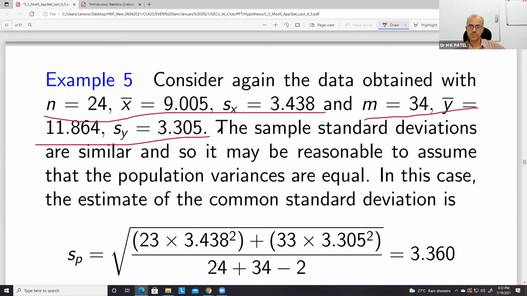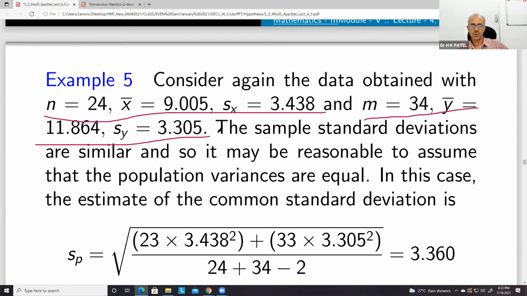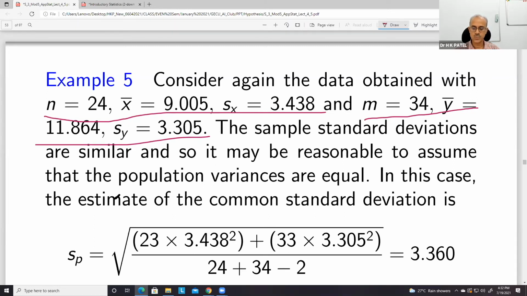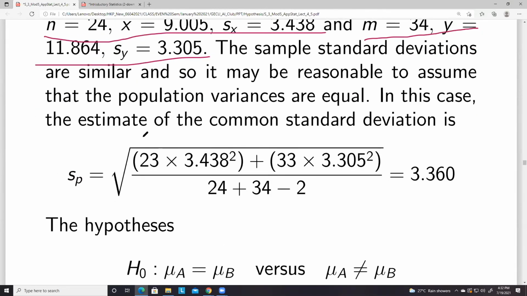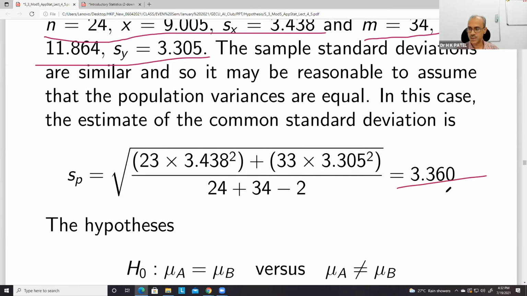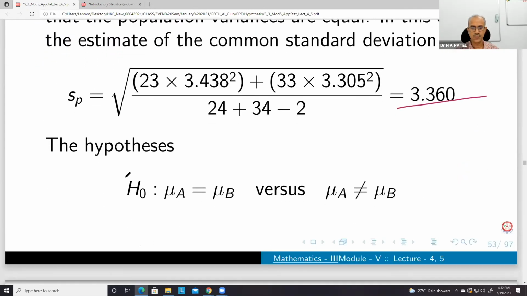So they are almost equal, and therefore we assume that the two populations have the same standard deviation, that is sigma 1 is equal to sigma 2. All right, and therefore we apply the pooled variance procedure to test this hypothesis, and we calculate SP. Okay, so SP is here 3.360.